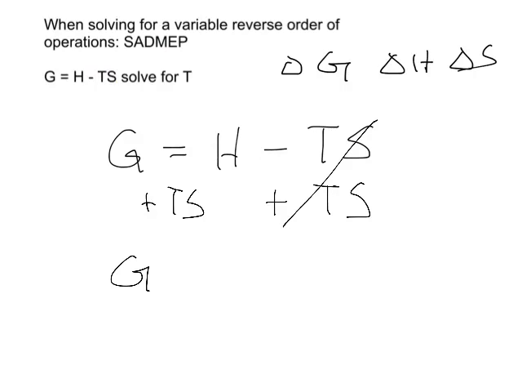So I have delta G, or G for us right now. In the habit of saying delta G. G plus T times S equals H. And now I can follow my SADMAP, which is I need to take care of the addition before I need to take care of the multiplication. So I'm going to subtract G from both sides.